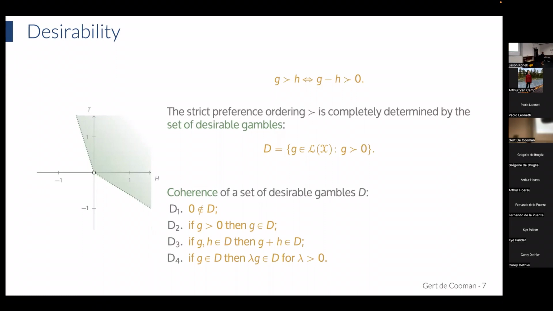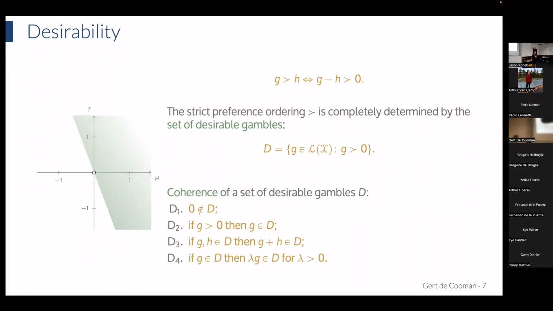At some point, I have to stop, because why can't I keep adding gambles? It's going to have to stop at some point, and that point is when I reach some kind of semi-plane or semi-space. Why?